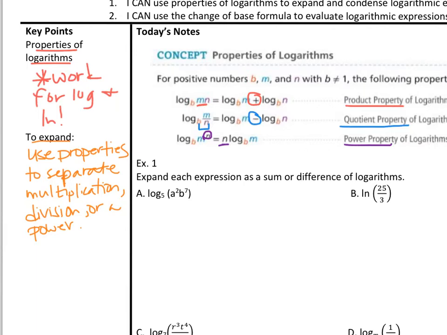You're using your definition from left to right. So the definition applies from left to right. And you'll have more than one logarithm in your answer when you're done.